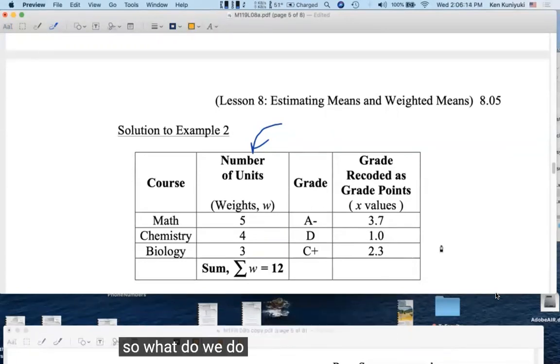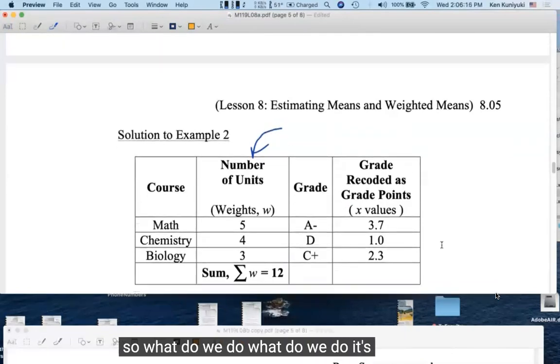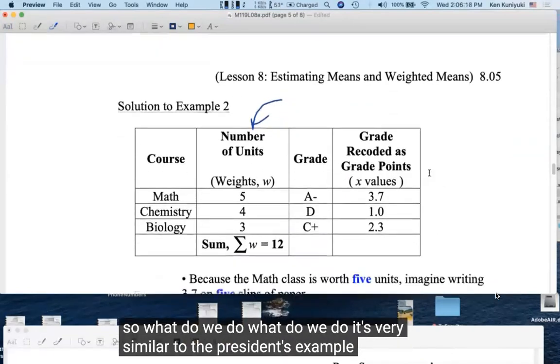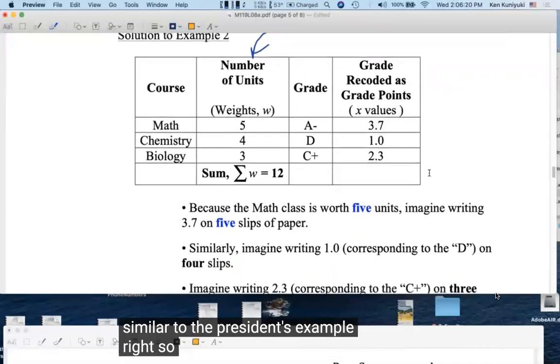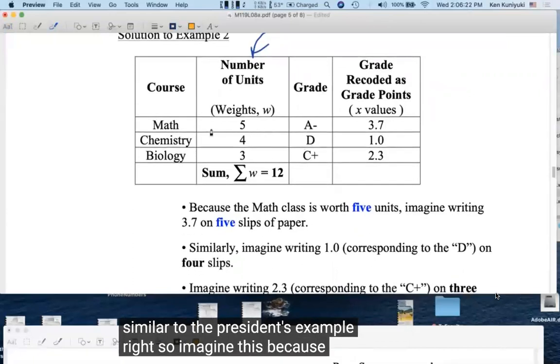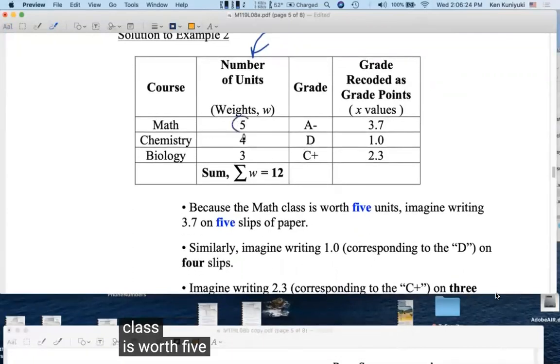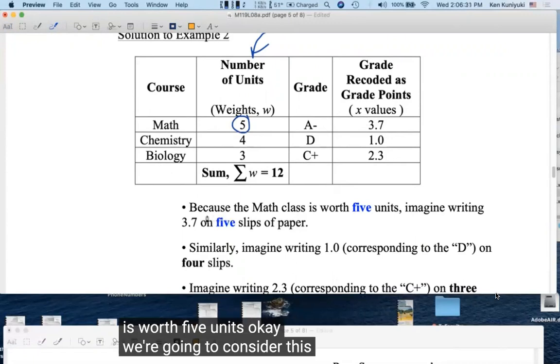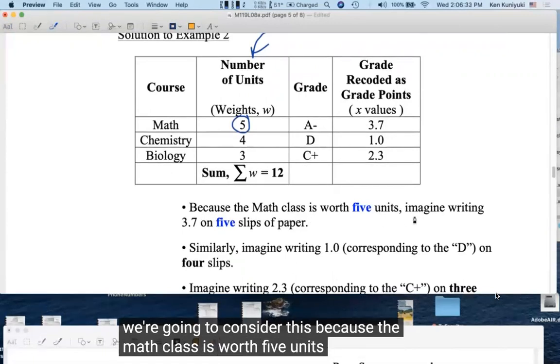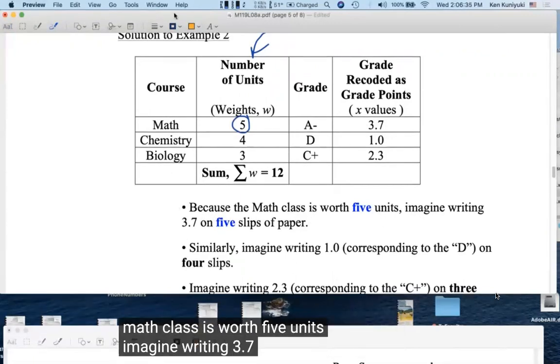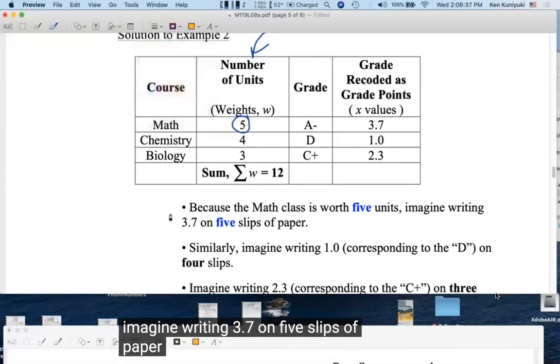So what do we do? It's very similar to the president's example. Right? So imagine this. Because the math class is worth 5 units, imagine writing 3.7 on 5 slips of paper.